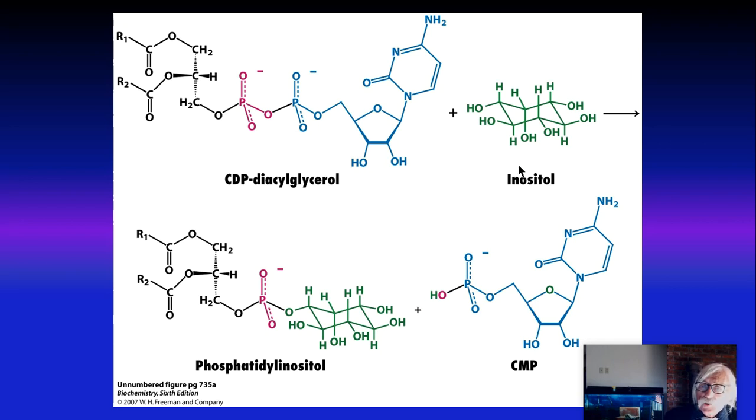You react it directly with a sugar like inositol. Now you've got phosphatidylinositol, which is a very important phospholipid in the membrane of eukaryotes, a very important signaling molecule. It generates the phosphatidylinositol cascade, which is linked to calcium flux, kinase cascades, et cetera. Very important. And then you just regenerate CMP, and you build that back up, and you can start over.